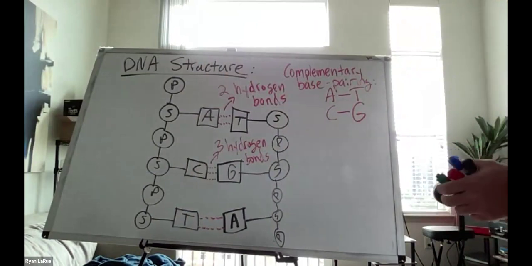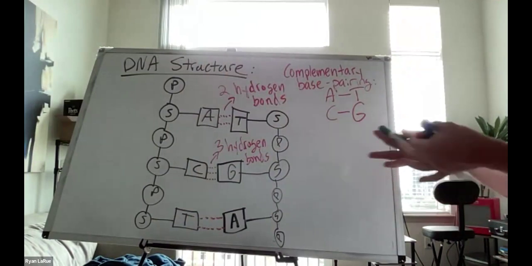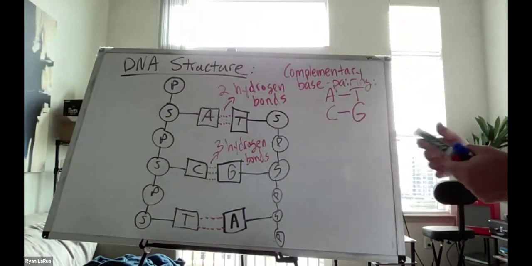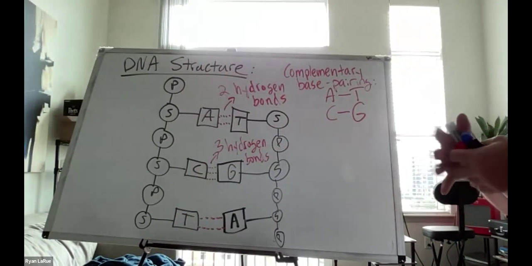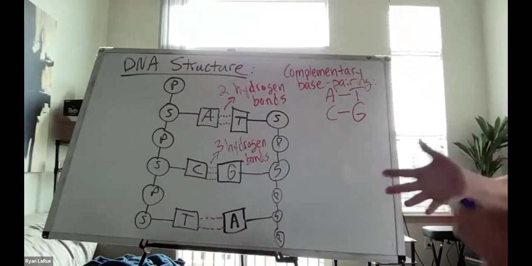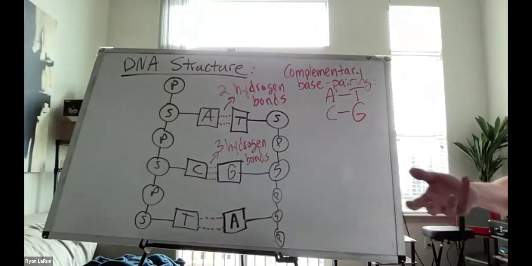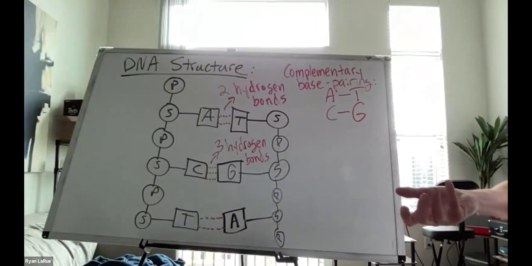All right, moving right along. The last important concept with the structure of DNA and the double helix has to do with those carbons that I was talking about on the sugars. It has to do with this concept of what we call directionality.